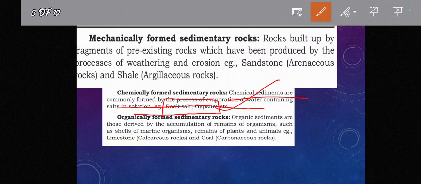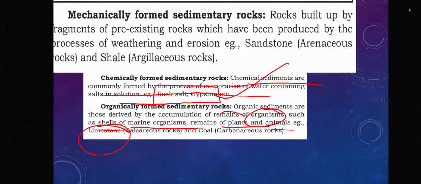Organic sediments are those derived from the accumulation of organisms, like shells, marine organisms, even plants and animals. Organically they form, like limestone, and it becomes a rock. I think these are the three important ways we can see the formation of sedimentary rock.